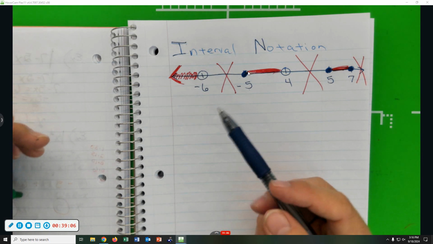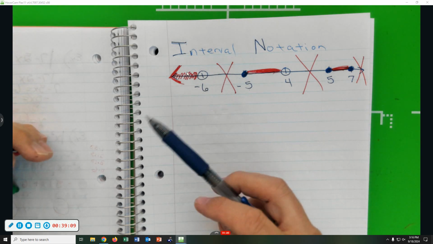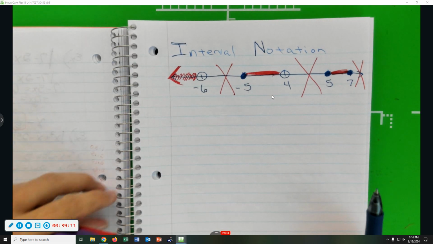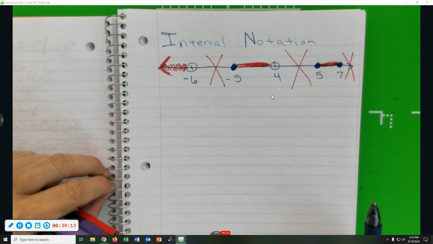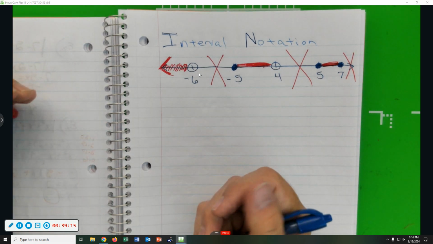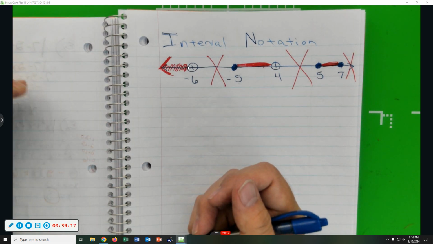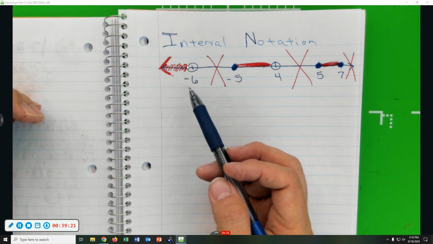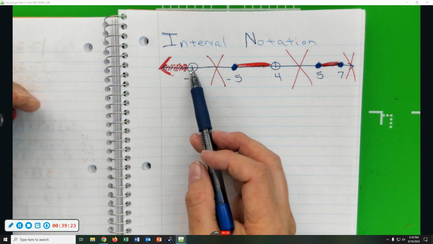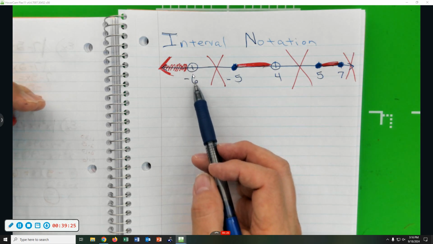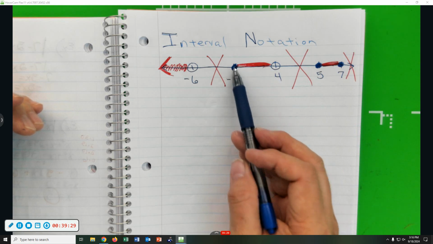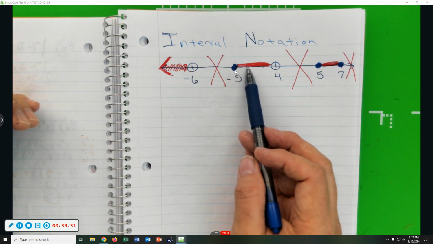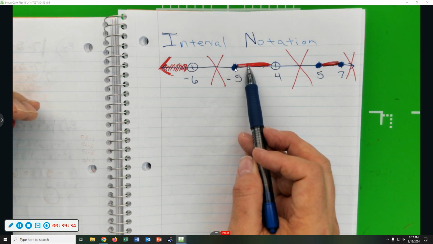We're going to label the shaded portions using brackets and parentheses, but first let's label what these open circles and closed circles mean. The open circle means you're not including the number. It's not shaded in. -6 is not going to be included in the intervals. Whereas the closed circle is shaded, just like the numbers to the immediate right of -5.